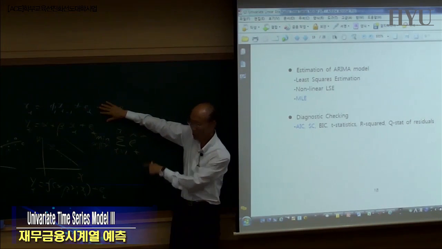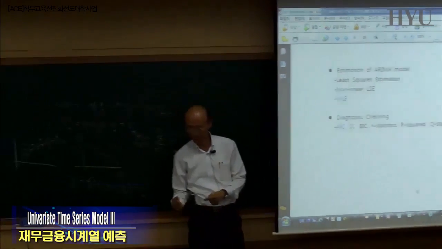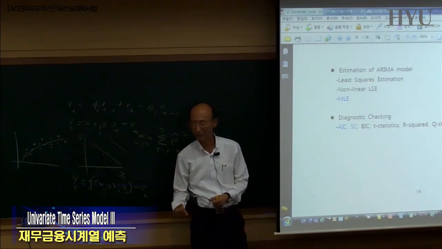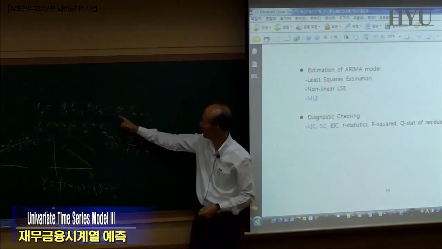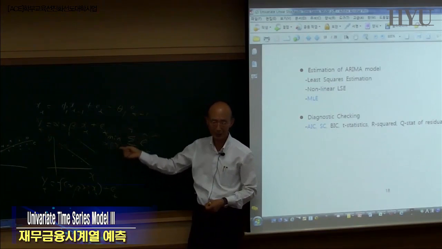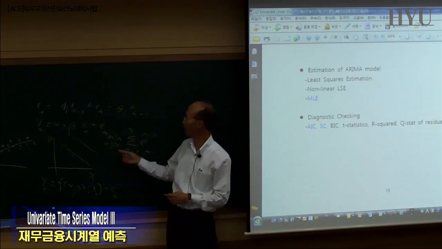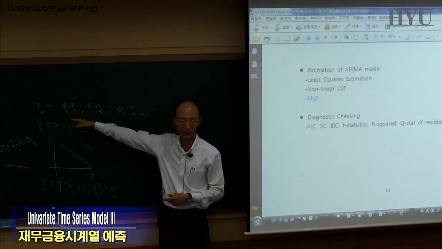This sum of squared function is a well-defined function, so you can find the minimum quite easily. But if you have a moving average term, then this one is a very complicated term, which is a nonlinear function of the parameters of interest.